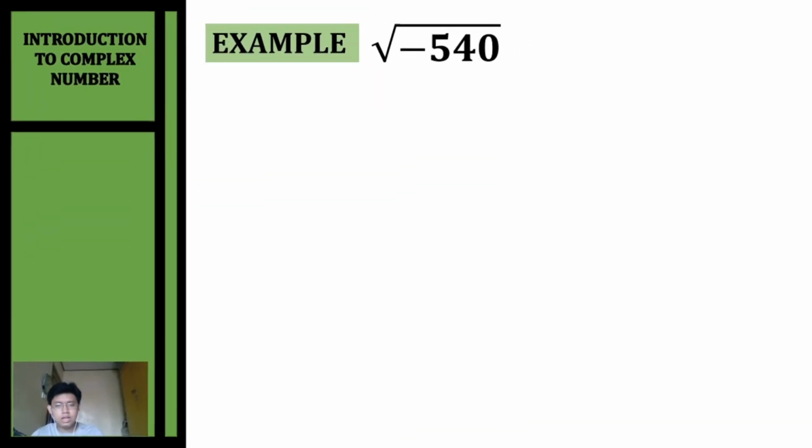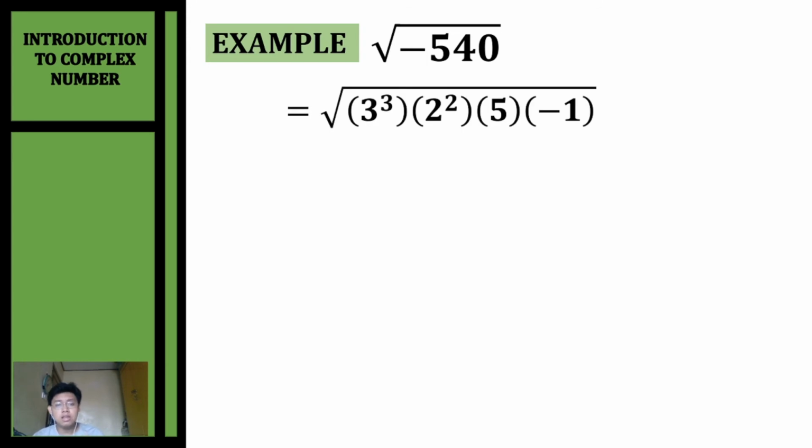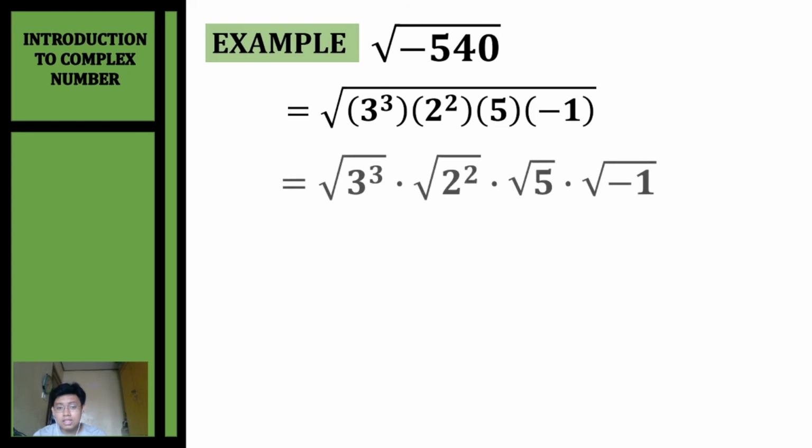Let's have another example. We're going to get the square root of -540. First, we get the factors of -540. The factored form is the square root of 3 cubed times 2 squared times 5 times -1. Now let's get the square root of each factor.